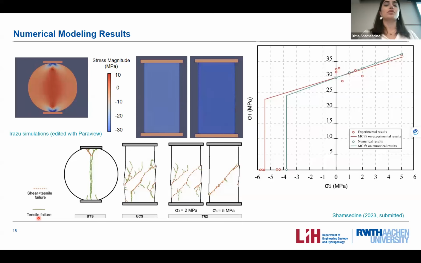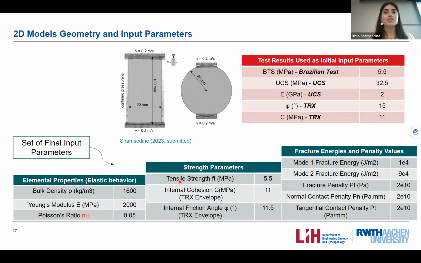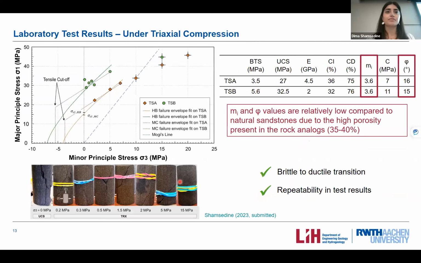Yeah, I'm sorry, this is my fault. I should have put the lab results here, but you can see the lab results here. You can see that there is a combination of axial and tensile splitting, and finally we have a shear failure, which was the case in our numerical models.